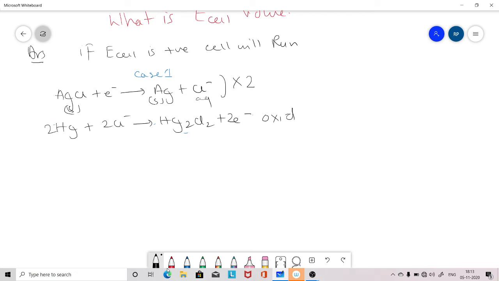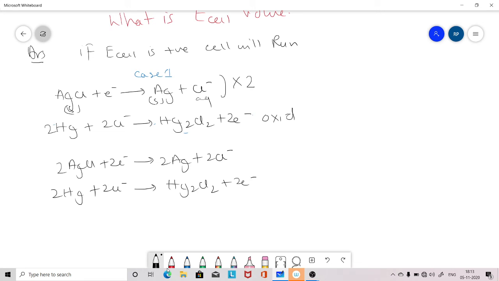After multiplying, we get 2 AgCl plus 2 electrons to give 2 Ag plus 2 chloride ions, and 2 Hg plus 2 chloride ions to give Hg2Cl2 plus 2 electrons. Now we have 2 electrons on both sides, so we can cancel them out and write the final equation.